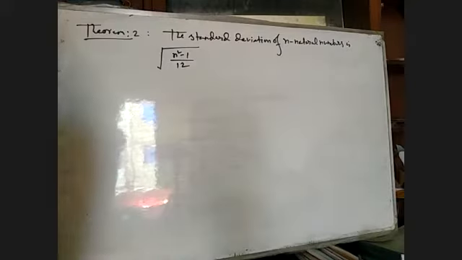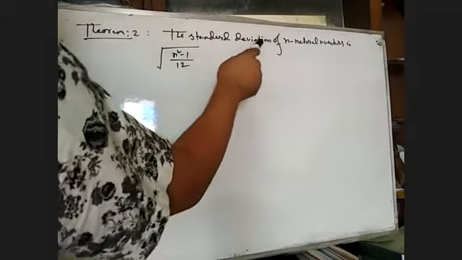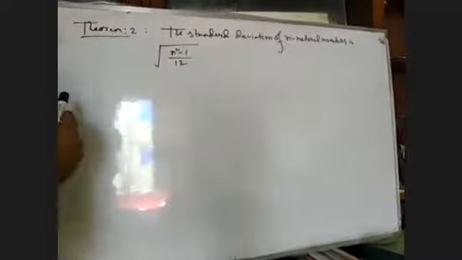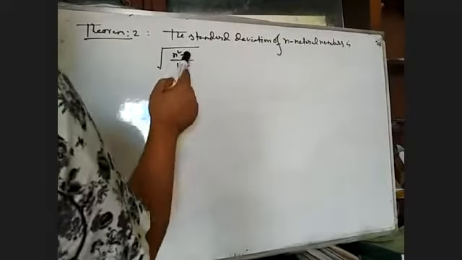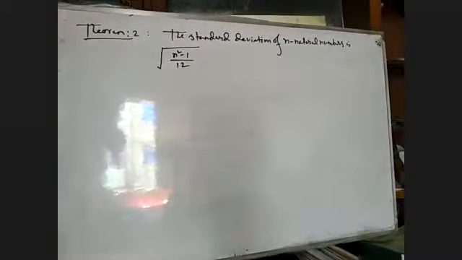Okay. Now another theorem, theorem 2. The standard deviation of n natural numbers is square root of n square minus 1 divided by 12. Okay. That means you must know what n natural numbers are, starting from 1, 2, 3, dot dot up to n.